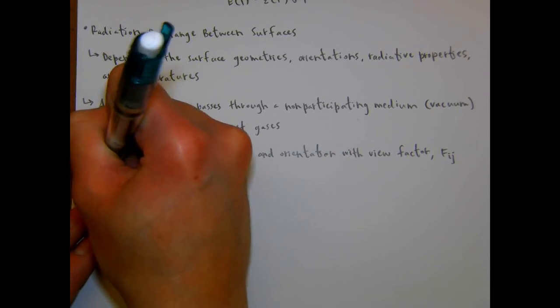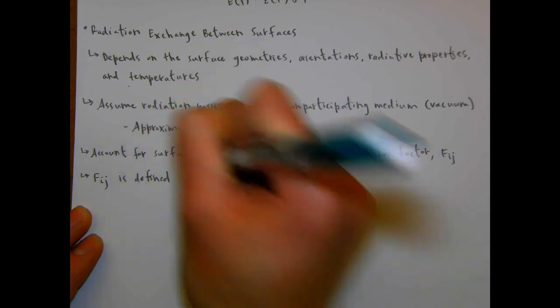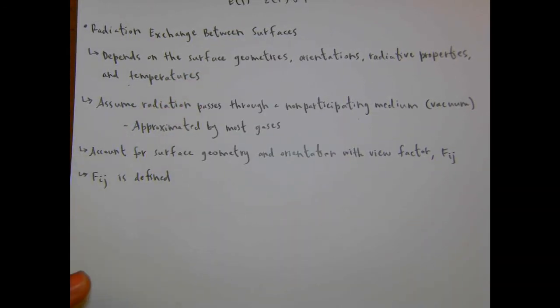So the view factor is defined as the fraction of radiation that's leaving a surface i that is intercepted by a surface j.